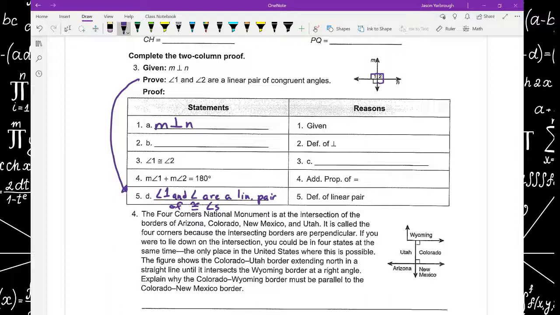With this one, now we're going to look at number 2, that it's the definition of perpendicular.